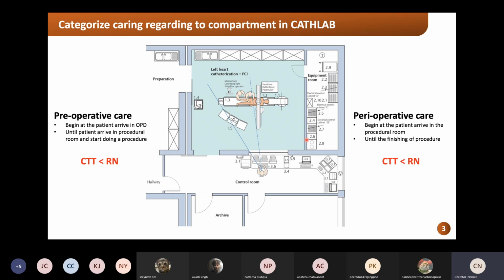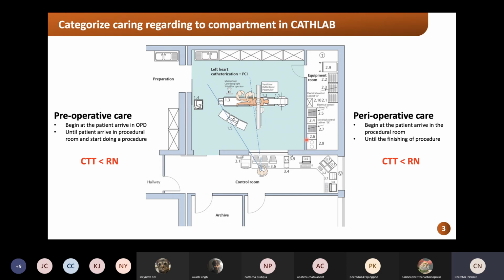And when the patient moves into the procedural room, when doctors start doing the procedure, until the end of the procedure, in this period we have to take care of the patient as well, and this period we call perioperative care. In this period of care, we have to observe the signs and symptoms of the patient during the procedure, like I said earlier.